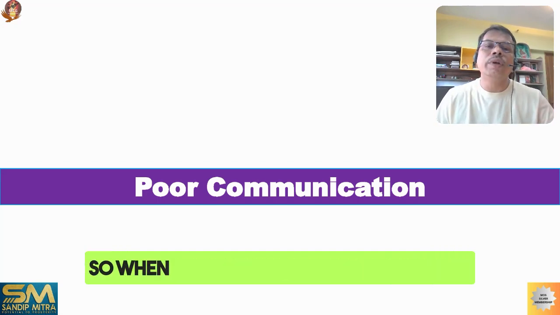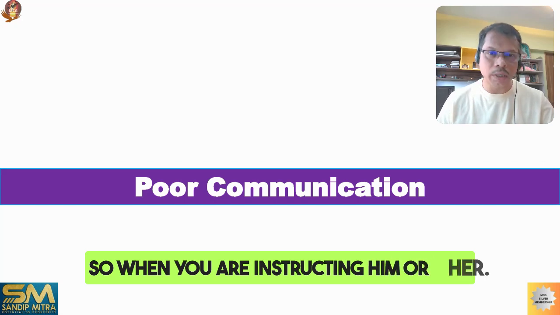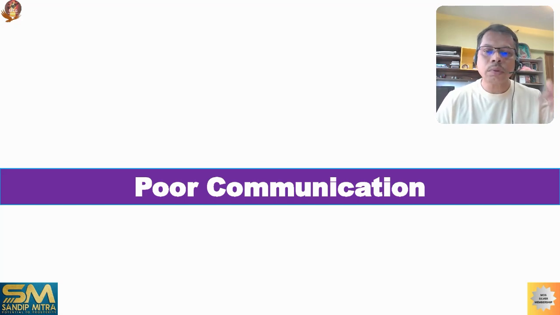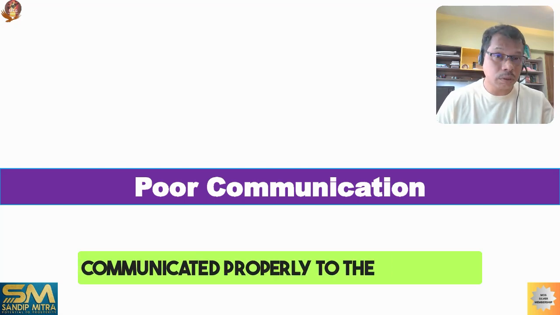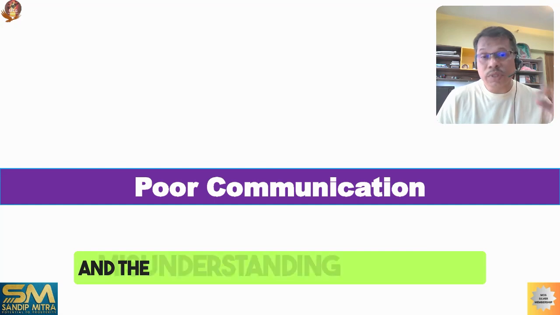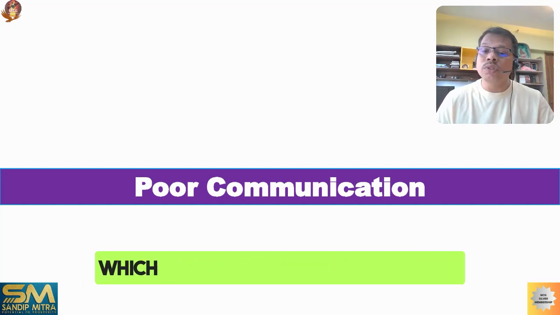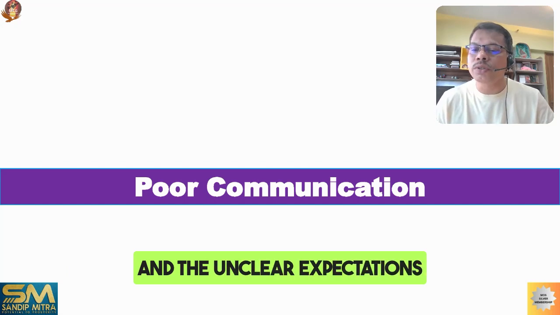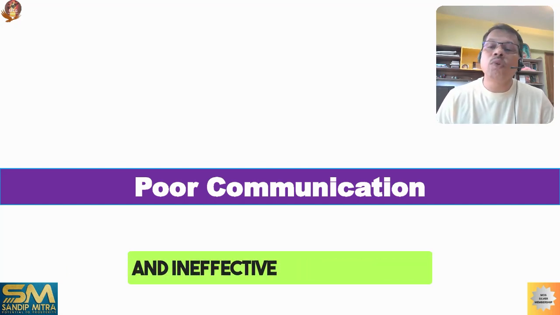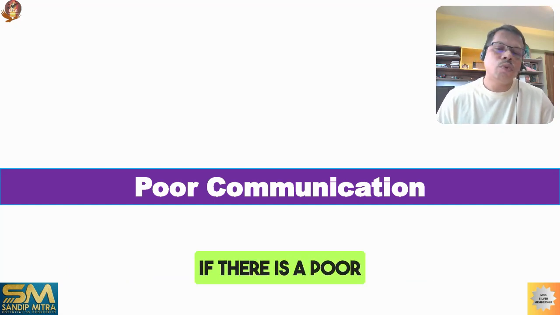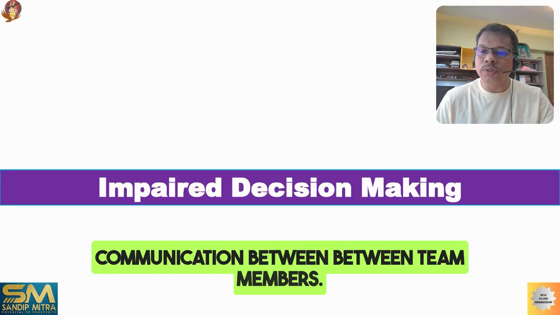So when you are instructing him or her, it will not be communicated properly to the downline. So there is miscommunication and misunderstanding, which leads to information gaps, unclear expectations and ineffective collaboration. All of this may happen if there is poor communication between team members.